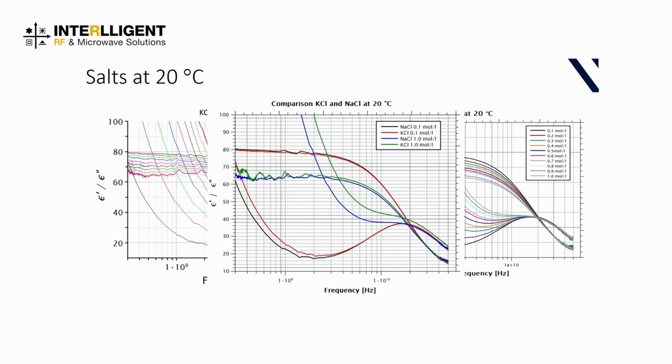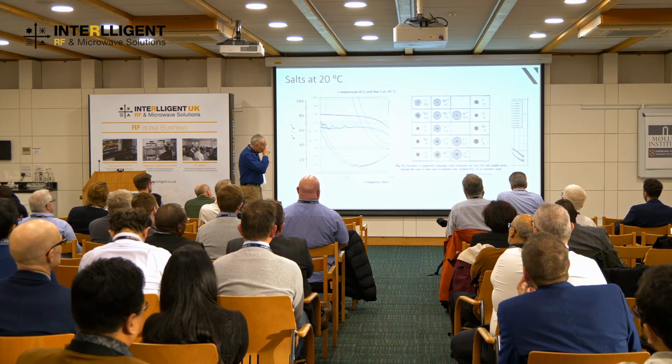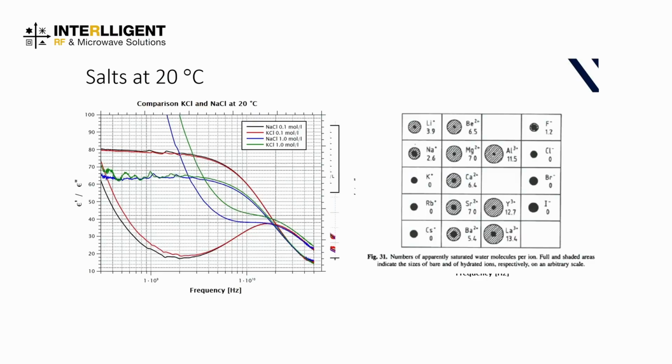Remember, the electric charge on a sodium ion is the same as the electric charge on a potassium ion, yet they behave very differently. Now, all this I can see by doing gigahertz spectroscopy. Now, there's a reason why. It's the sizes and the shape and the configuration of these ions which is quite so important. Here you've got a chart. That's from that nice book I showed you earlier, by the way.